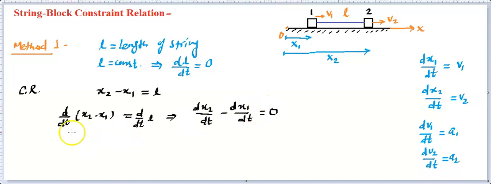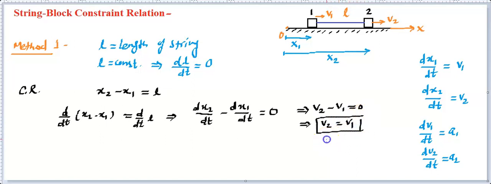Moreover, let me carry on here itself. dx2 by dt is the velocity of the second particle, minus dx1 by dt, which is v1, equal to 0. That's what the relation became. That means we got to know v2 is equal to v1. So that becomes the constant relation in terms of velocity. And that's quite obvious.